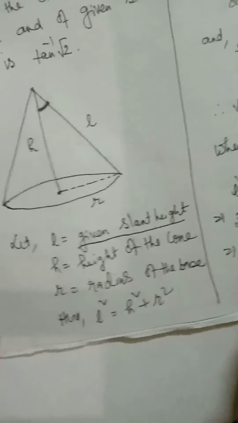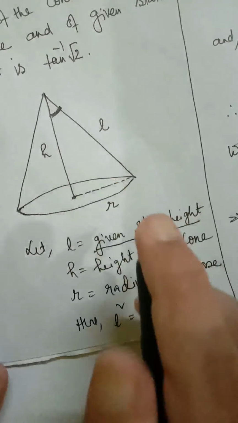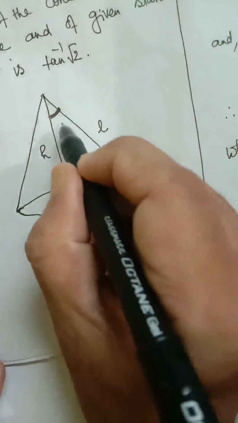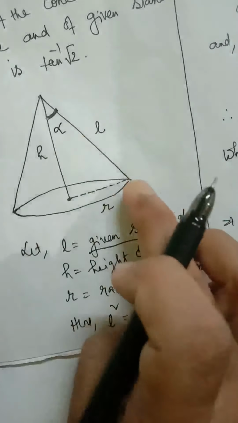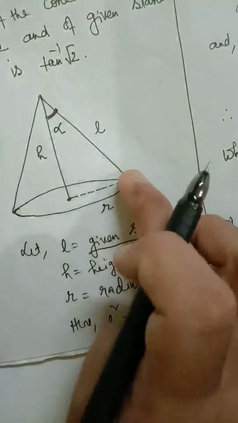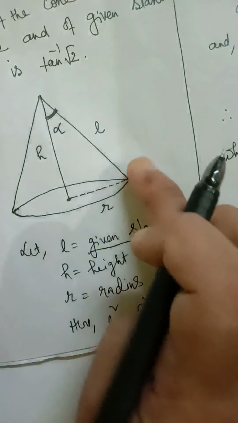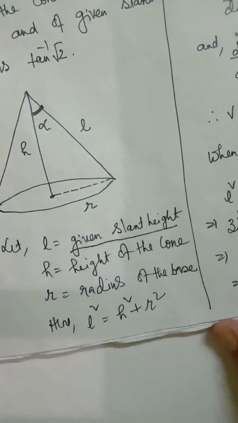Now, in this figure, if we consider this triangle, suppose alpha is the semi-vertical angle of the cone. In this triangle, this is the perpendicular, this is the base, and perpendicular by base is tan alpha.